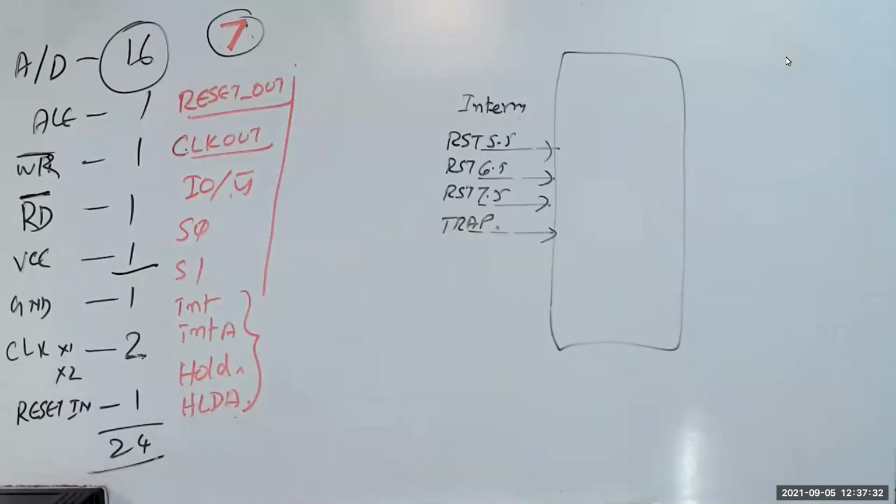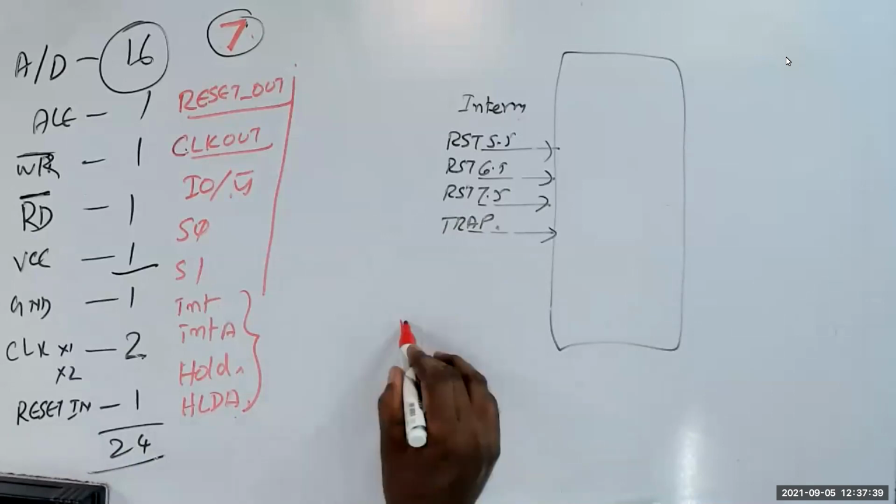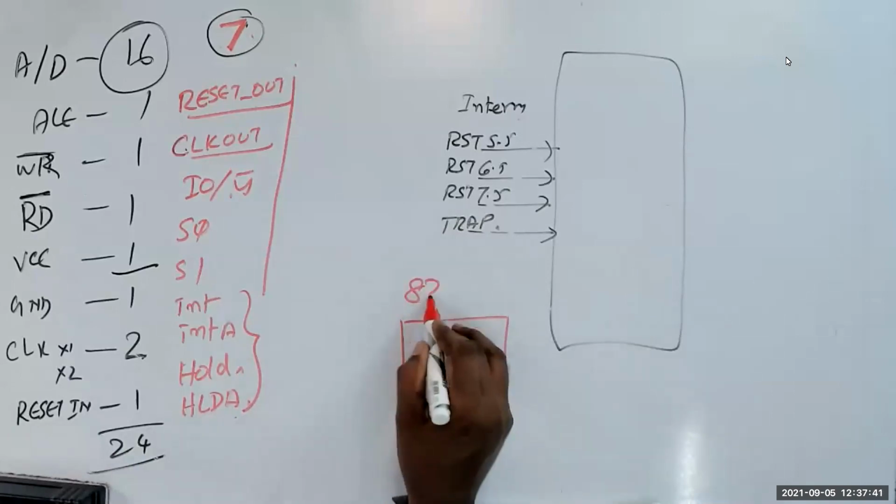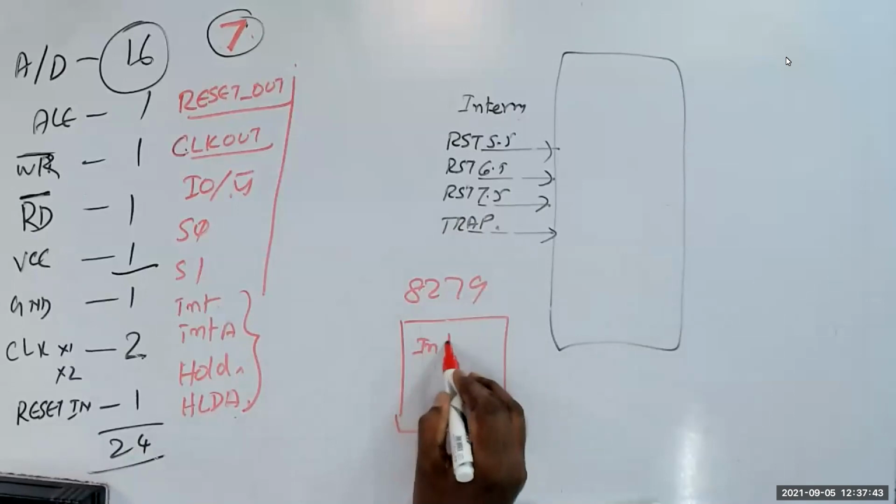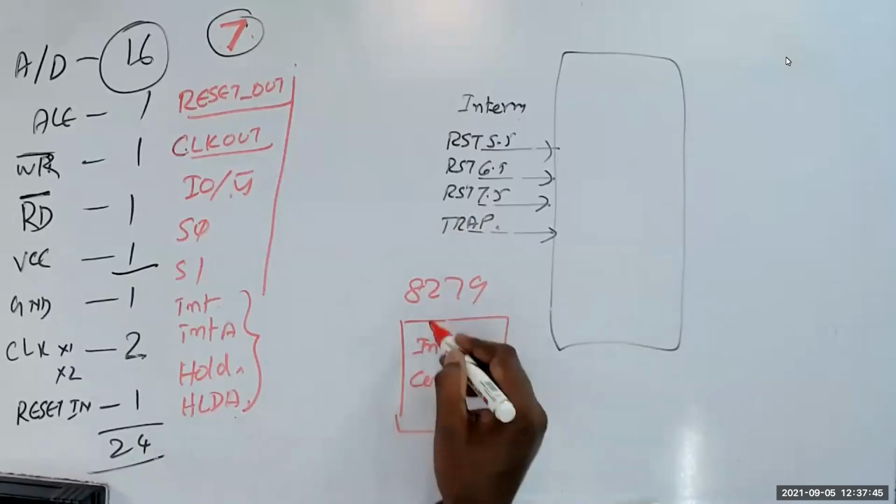We will discuss something called the 8279 interrupt controller. They were along with the 8085.